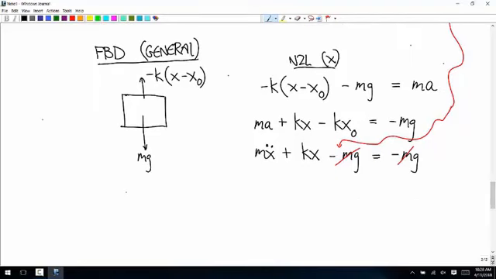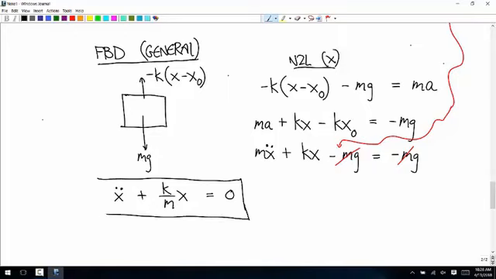And we end up with the equation that says x double dot plus k over m x is equal to 0. Okay.